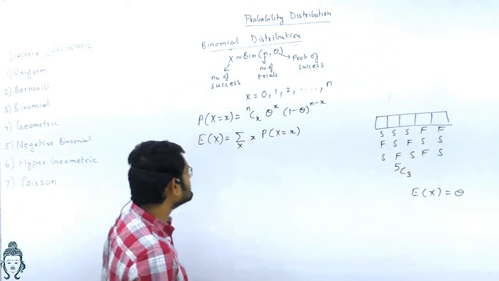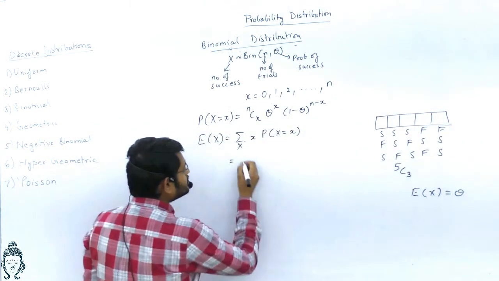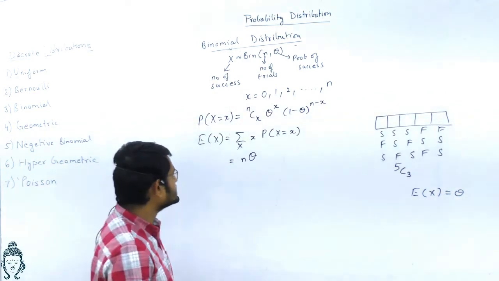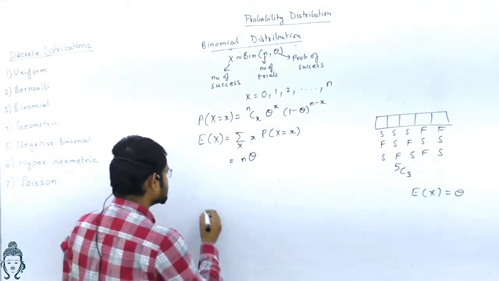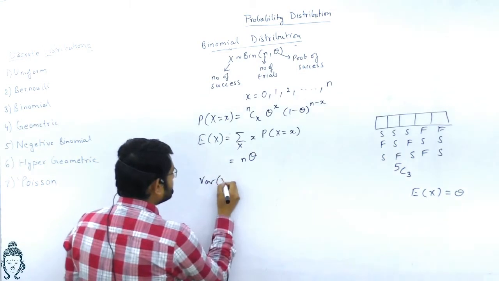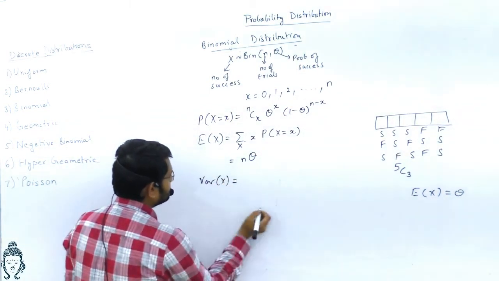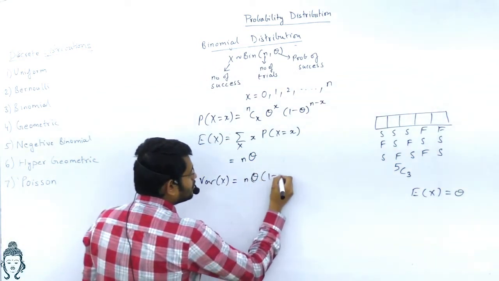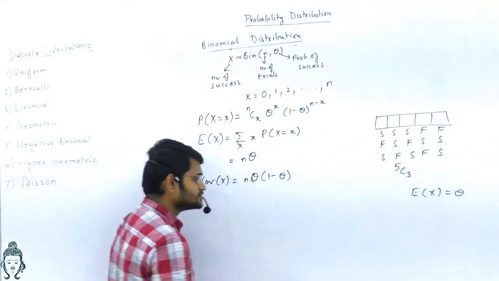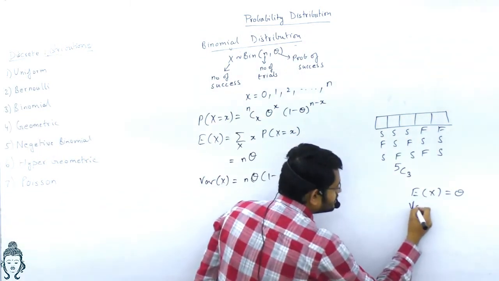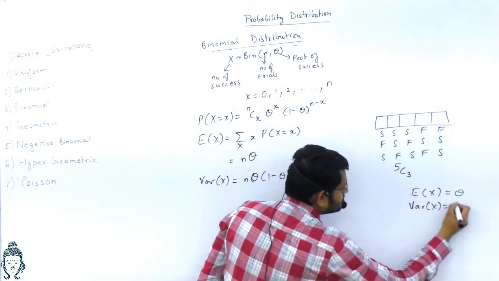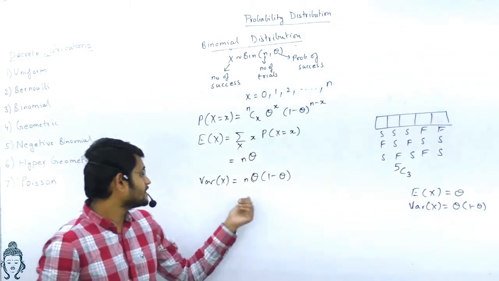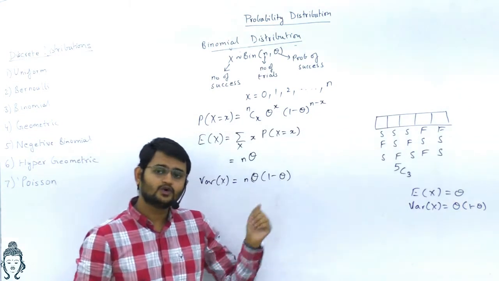So if we are doing n number of trials, the expected value of n Bernoulli trials should be n theta. Similarly, the variance of X should be n into theta into 1 minus theta, because the variance of a Bernoulli trial was nothing but theta into 1 minus theta. So n Bernoulli trials will give us variance n theta into 1 minus theta.